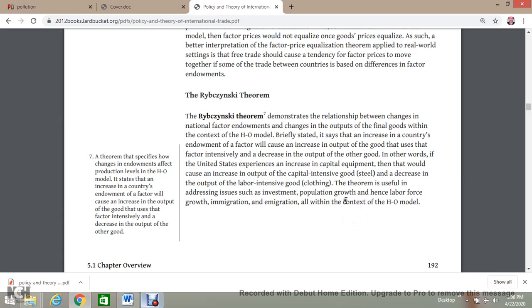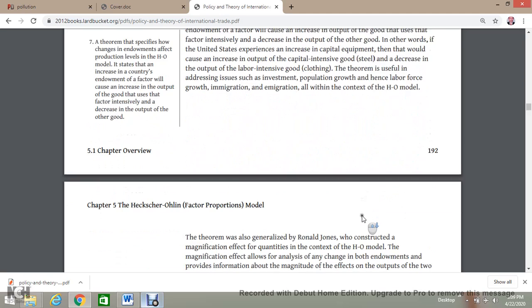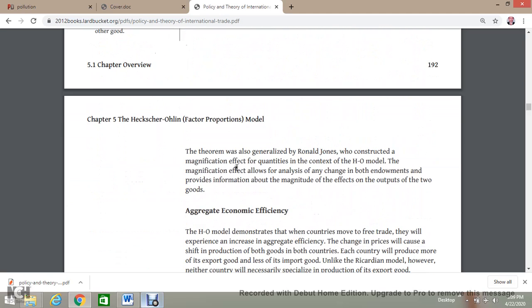Okay. This theorem is useful in addressing issues such as investment and population growth, and hence labor force growth, immigration and emigration, all within the context of the Heckscher-Ohlin model.